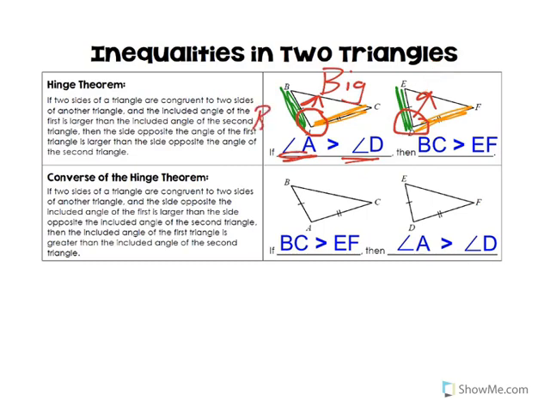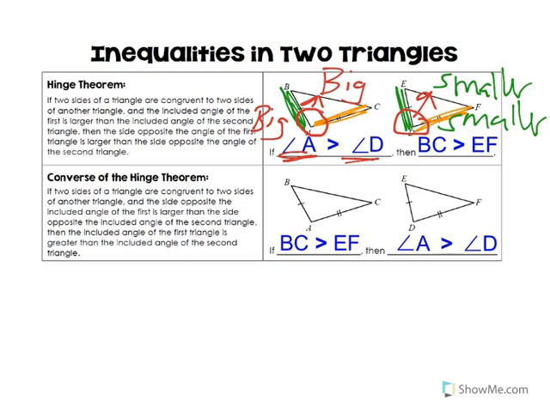So if this angle is bigger, then the side across from it's bigger. If this angle is smaller, then this side is going to be smaller. So, in other words, if angle A is bigger than angle D, then side BC is bigger than side EF.